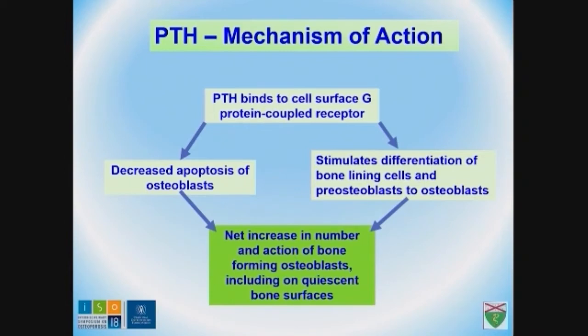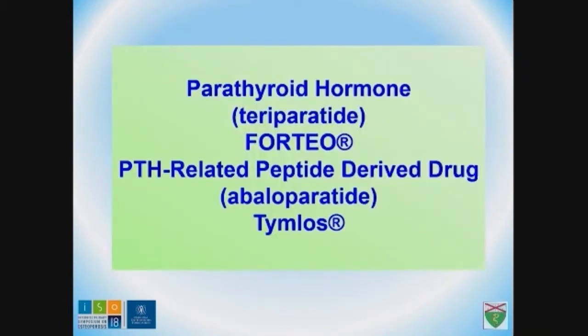They bind to the receptor on the surface of osteoblast precursors. They stimulate differentiation of bone lining cells in pre-osteoblasts. They reduce the death of osteoblasts. And the net effect is an increase in the number and action of bone-forming cells, including on quiescent surfaces. So that's what we were looking for, a drug that actually activated formation on surfaces where there hadn't been resorption before.